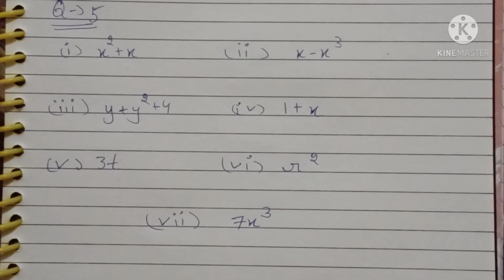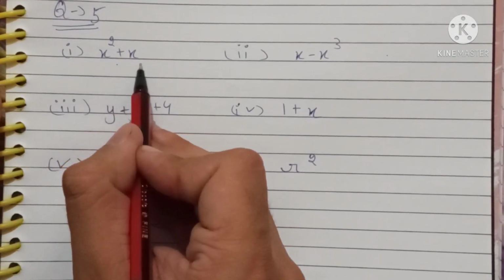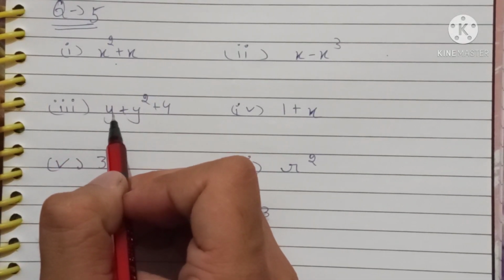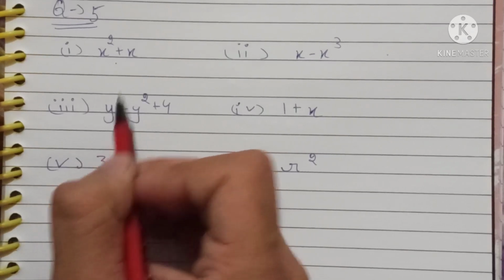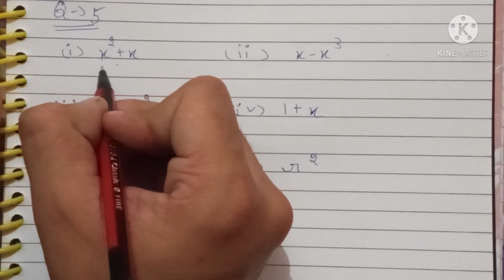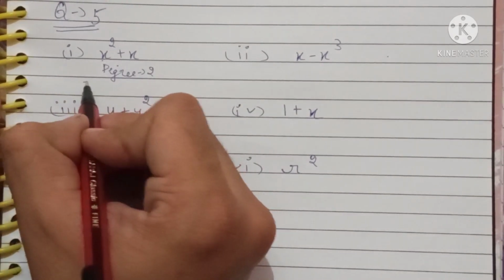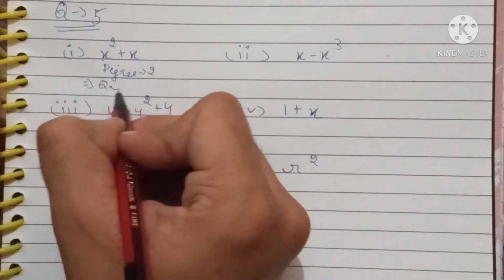So how would you tell it? By seeing the degree of the polynomial. Let's directly go to the first part. In this polynomial, what is the degree? You will see the variable and its highest power, that is 2. So the degree of this polynomial is 2. Therefore, this is quadratic.